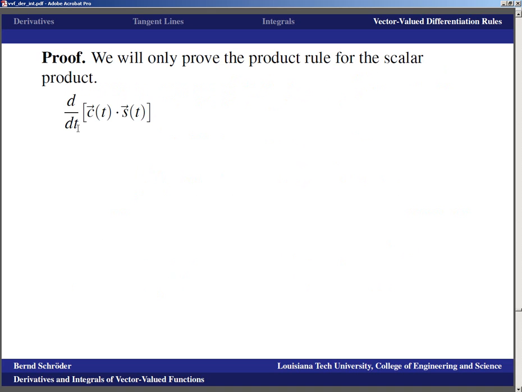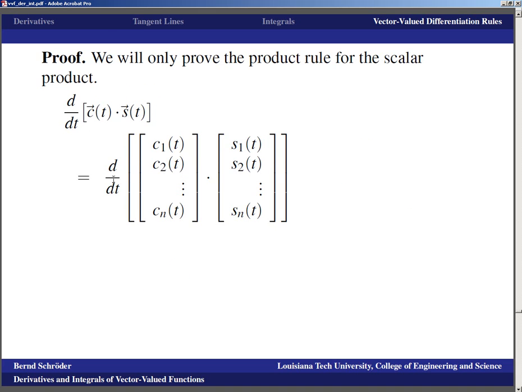Well, what do we have? We have the derivative with respect to time of c(t) dot s(t), which would be the derivative with respect to time of (c1 through cn) dot (s1 through sn), but we know what that is. That's the derivative with respect to time of c1 s1 plus c2 s2 plus all the way through cn sn.